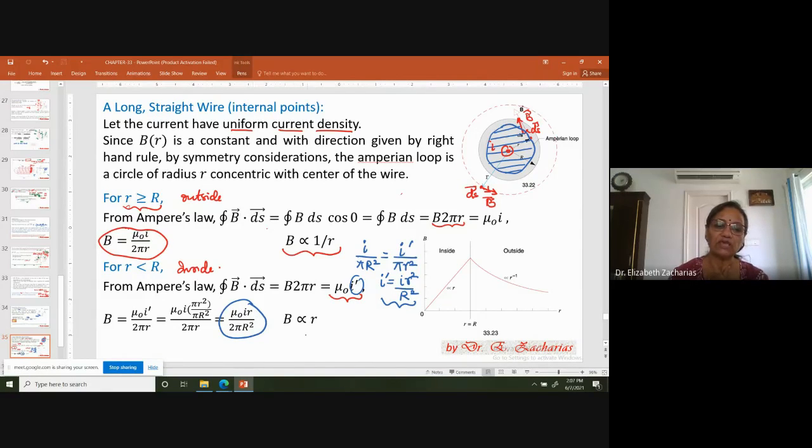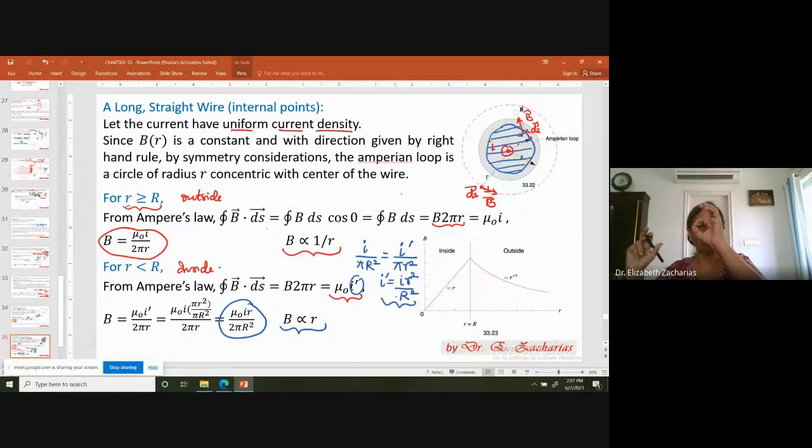So what are you seeing here? Here you're seeing that the magnetic field is directly proportional to r. That means if you take a uniform current, as you move away from the center, the magnetic field is going to become larger and larger till you reach the surface. Why is it becoming larger? Because more and more current is getting enclosed. Current is the source of the magnetic field. But once you reach the surface, that is the maximum magnetic field.